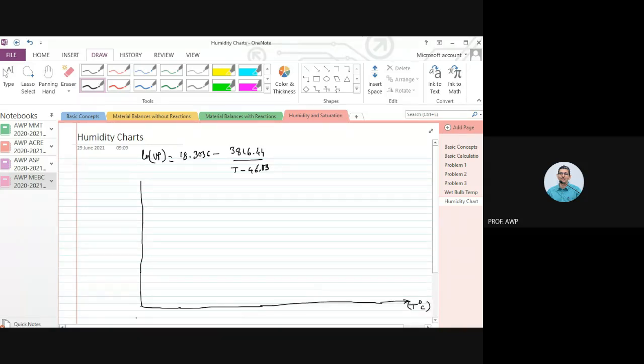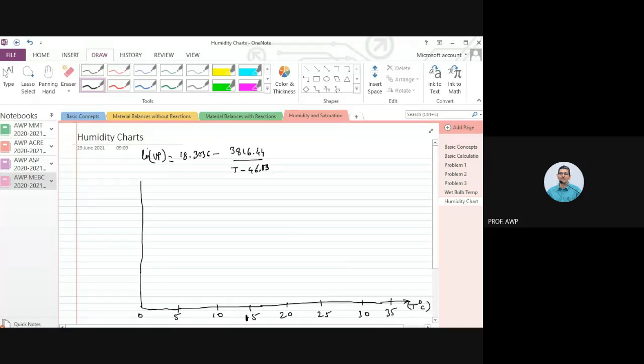Okay, so we are going to take different values of temperature, say 5 degrees centigrade, 10 degrees centigrade, 15, 20, 25, 30, 35 degrees centigrade, right? Like this, we are going to plot a graph, and we are going to plot vapor pressure based on this Antoine equation, right?